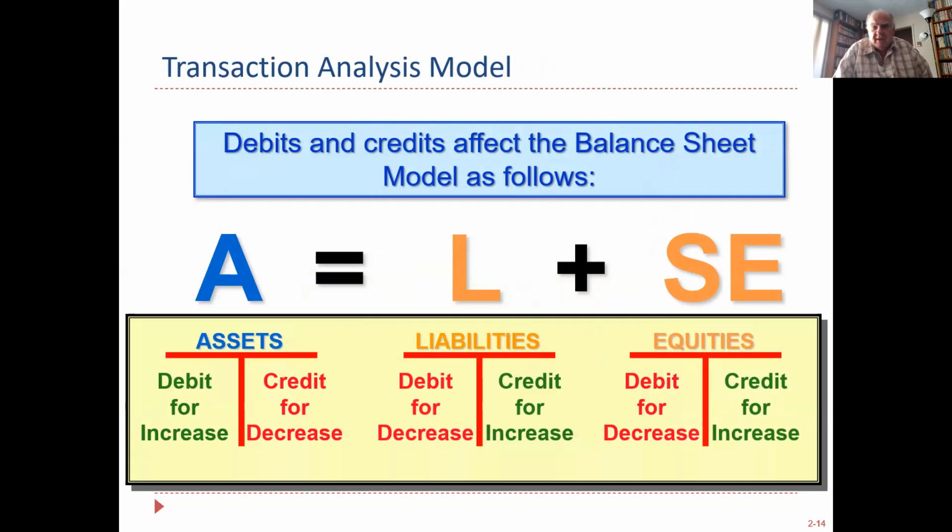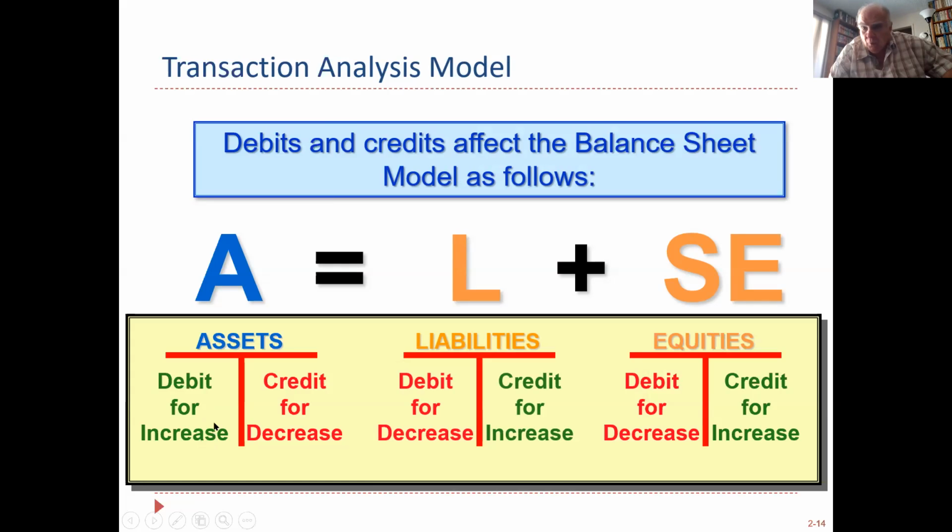Now, here's where we get into which items are affected how. Debits and credits affect the balance sheet like this. Assets equal liabilities plus equity. Note assets. Assets are increased with a debit.